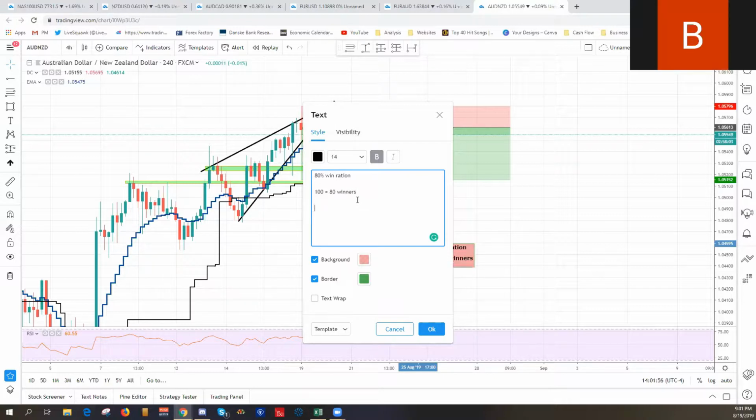The problem is that the 20 losers do not come at the same time, nor do the 80 winners come at the same time. There is a random distribution of the winners and the losers.